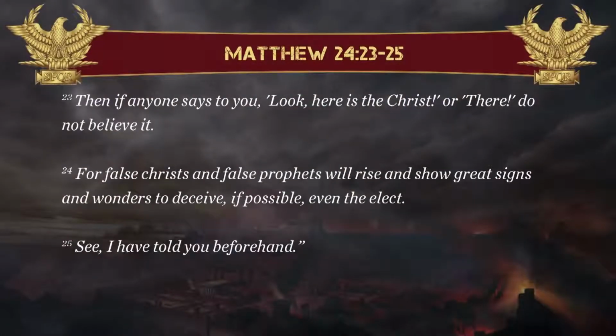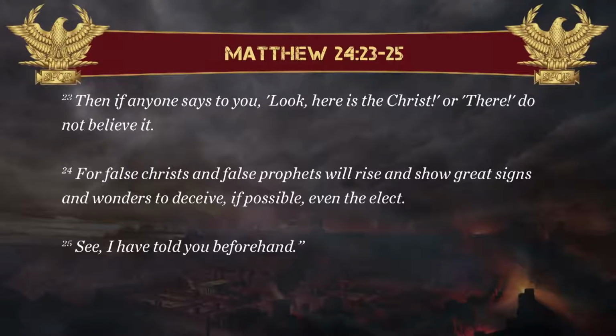Once again, Jesus is speaking to his disciples. We find in Matthew chapter 24 and verse 23, "Then if anyone says to you," that is, to the disciples, "look, here is the Christ, or there, do not believe it.